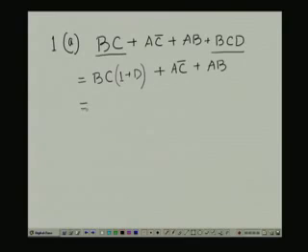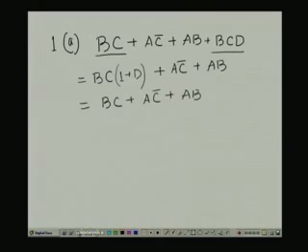Now 1 plus D is 1 from the basic postulates, so this becomes BC plus AC bar plus AB. This is a simple situation.